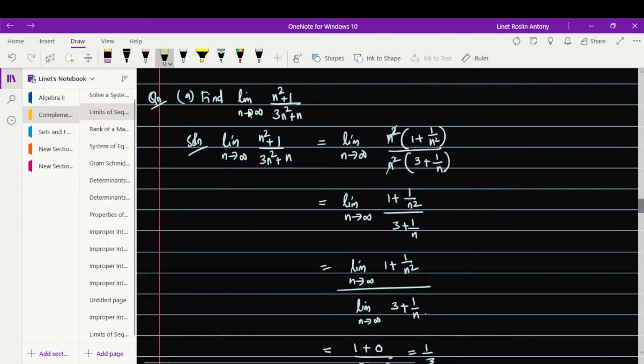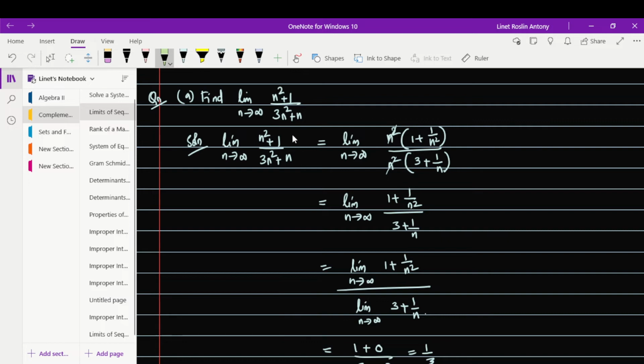So find in this question A, limit n tends to infinity, n square plus 1 by 3n square plus n. You look at the numerator and denominator and check what is the maximum degree that is coming. You can understand that both of them have maximum degree 2. So what you do is you take n square, the term with the maximum degree, out.